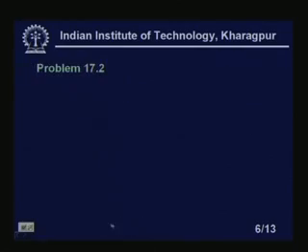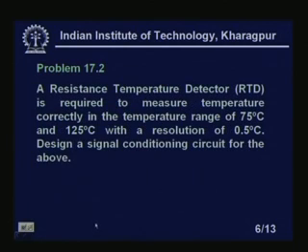So, now let us go to problem number 17.2. This problem says that a resistance temperature detector, RTD, is required to measure the temperature correctly in the temperature range of 75 degree centigrade to 125 degree centigrade with a resolution of 0.5 degree centigrade.